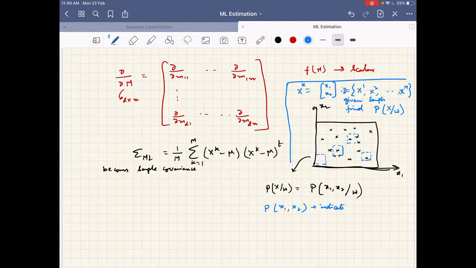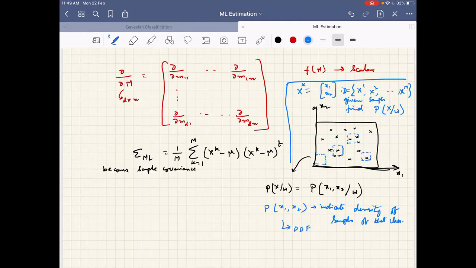Of encountering that distribution x1, x2, having that x1, x2 among the samples of that class. It indicates the density of samples of that class. Correct or not? Yes, sir.